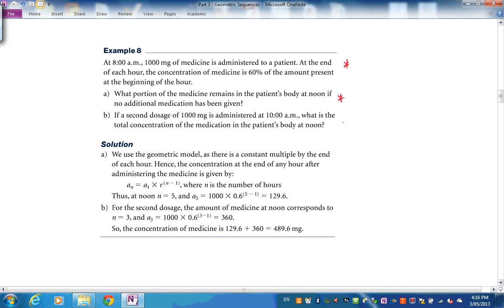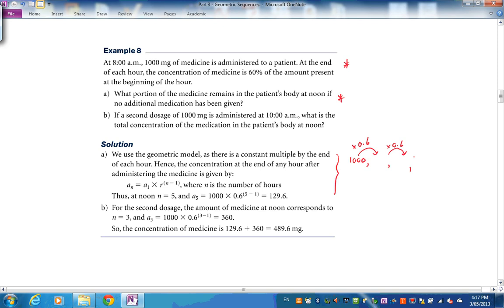So they haven't actually unpacked this as much as I'd like to, because what we would have is 1,000 and then multiplying that by 0.6, isn't it? Only 60% remains. So this by 0.6, get the next one, and multiply by 0.6. Better put the multiplication in.